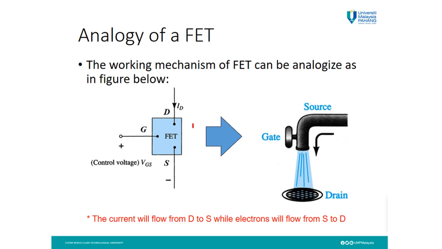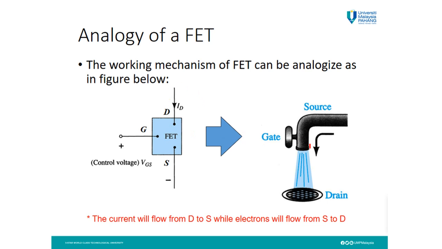For the FET, this analogy is for the electron, where the electron comes out from the source and goes to the drain. So in FET, we can say that the electron will come out from the S and go to the D, to the drain.